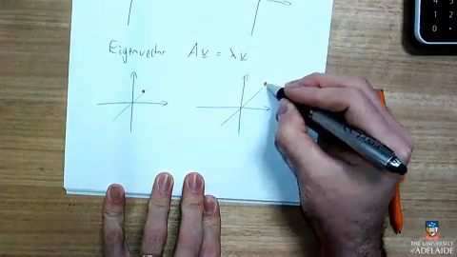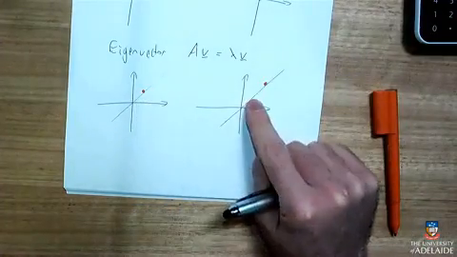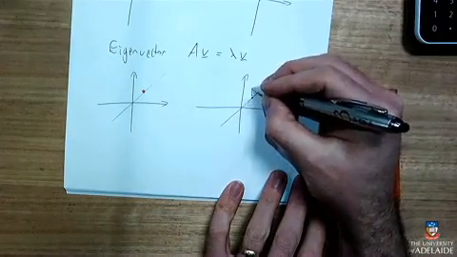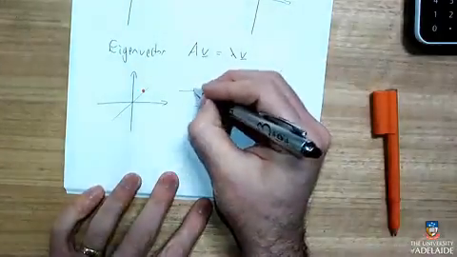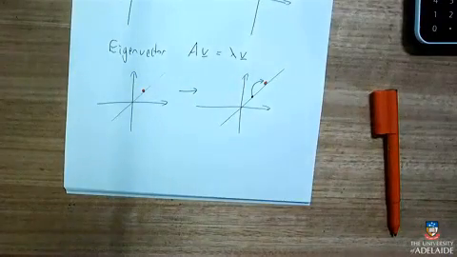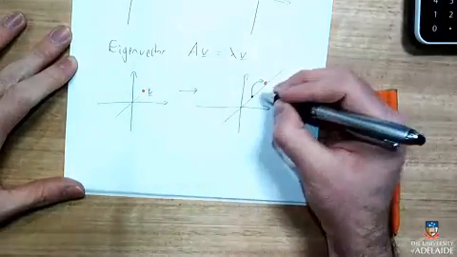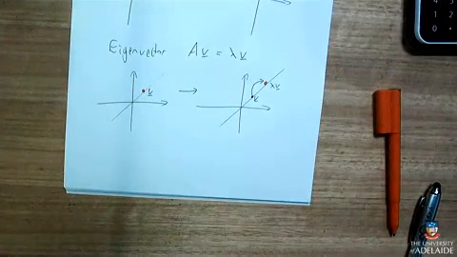Damn it, I did not do a good job of that. So the idea is that it was here, and now it's still on the same line it was before. That's an eigenvector. And what happened is I multiplied its length by lambda. So this was v before, and now this is lambda v. And that's what an eigenvector is. And it can look a little different to that.